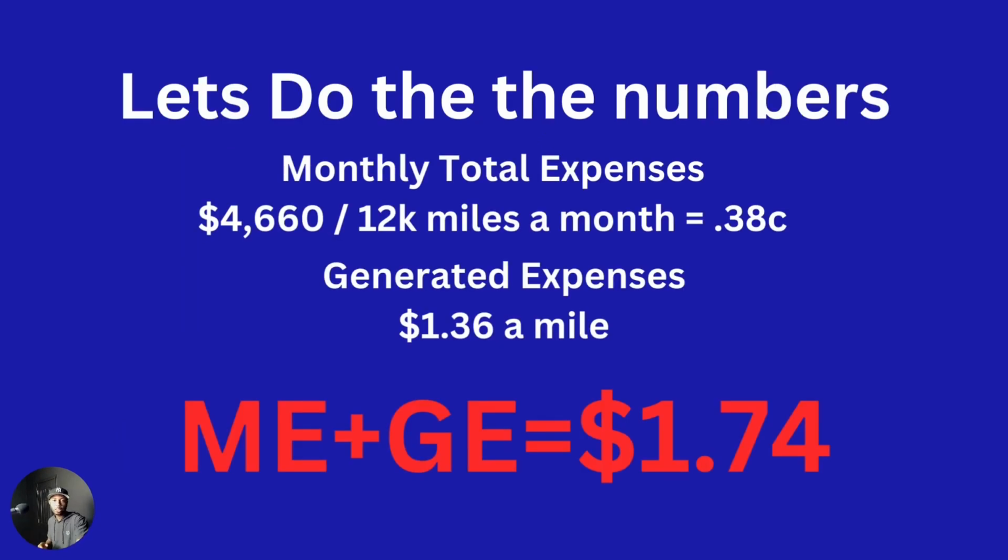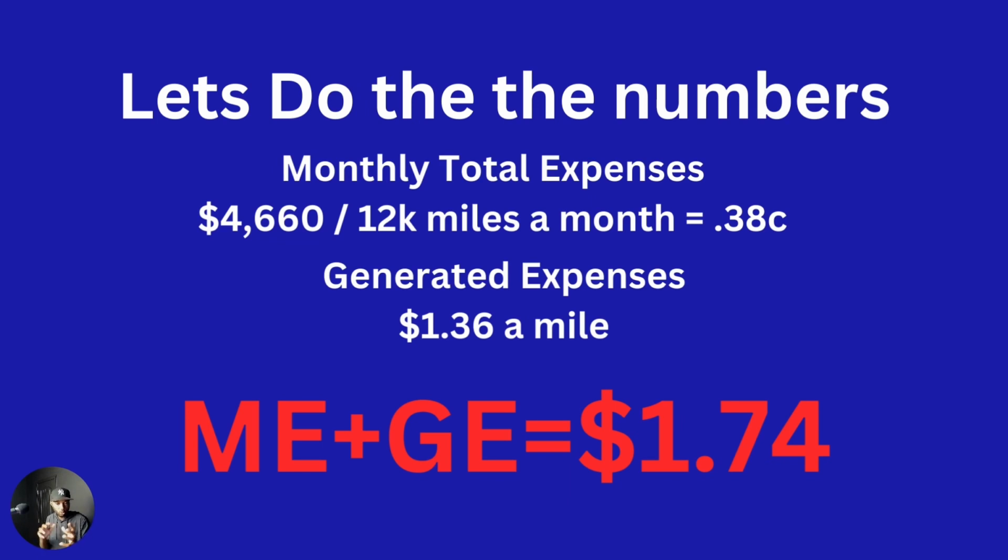So after that, let's do the numbers, right? Your monthly total expenses come out to be right at $4,660 per month. If you run 12,000 miles a month, which is right at 3,000 miles a week, that equals 38 cents a mile. That's a monthly fixed expense, but then you have your generated expenses, which are right at $1.36 a mile.